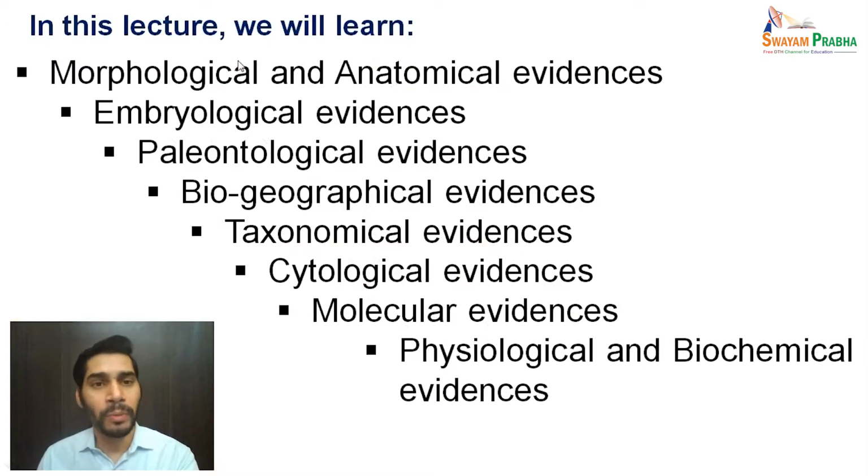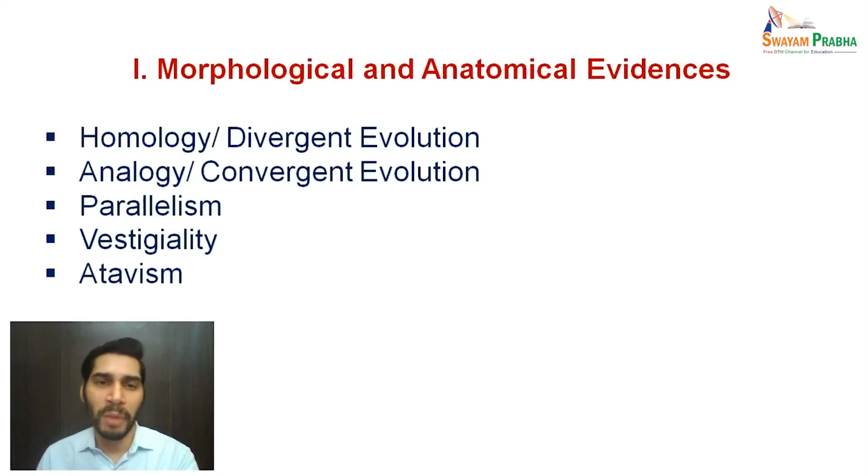We will go one by one and discuss some of the prominent examples. Remember, this is not a complete list of evidences. There might be many other examples from different resources that you can go through, but we will discuss the prominent ones here. So starting with the first one, which is morphological and anatomical evidences.